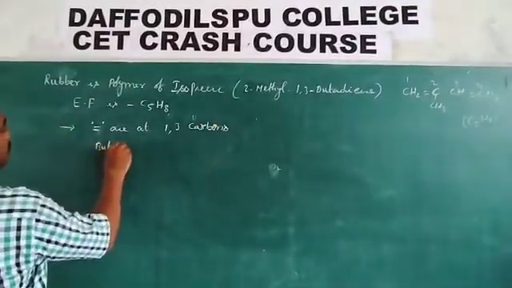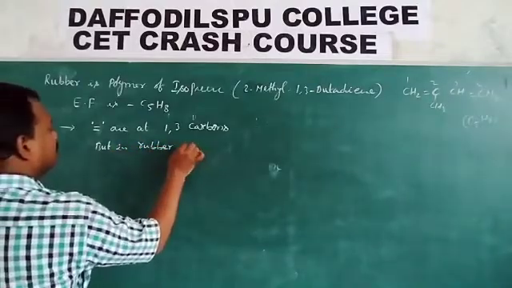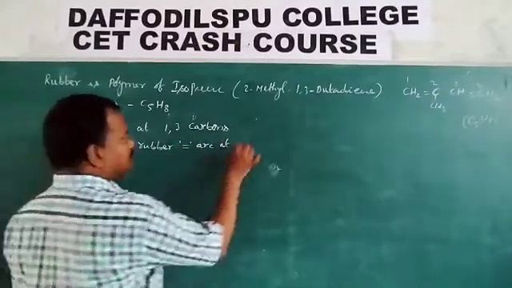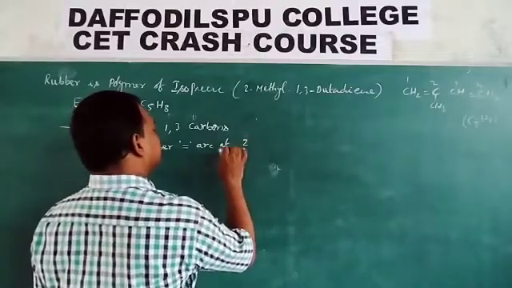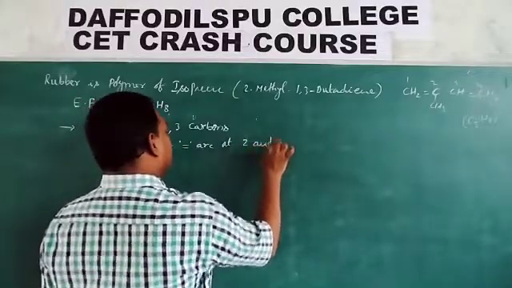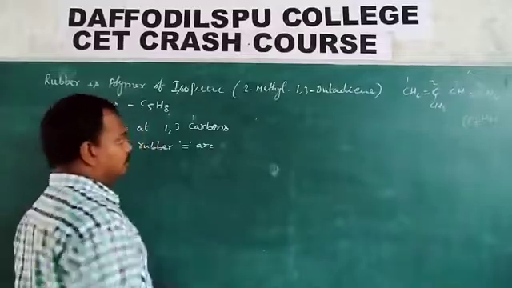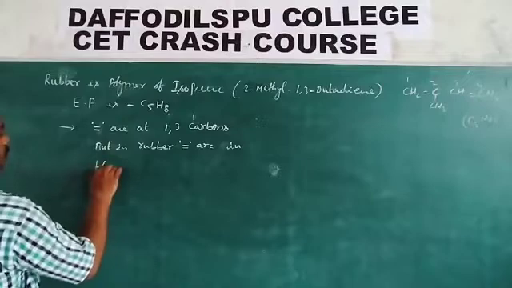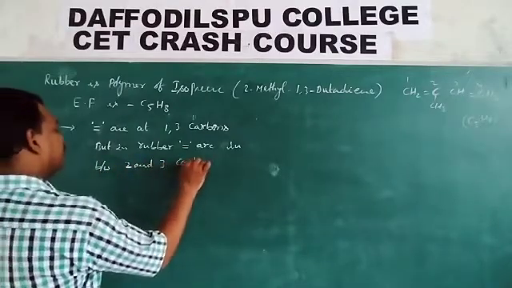But in rubber, double bonds are in between the second and third carbons.